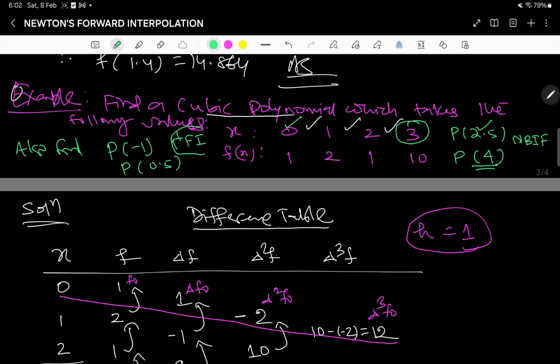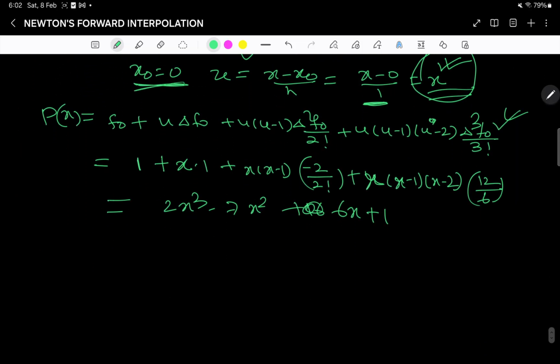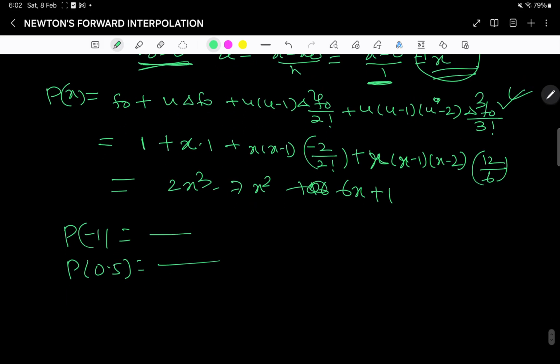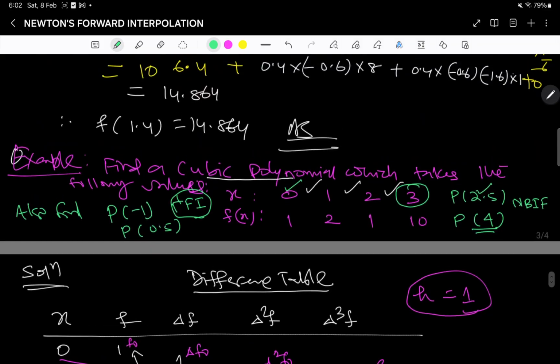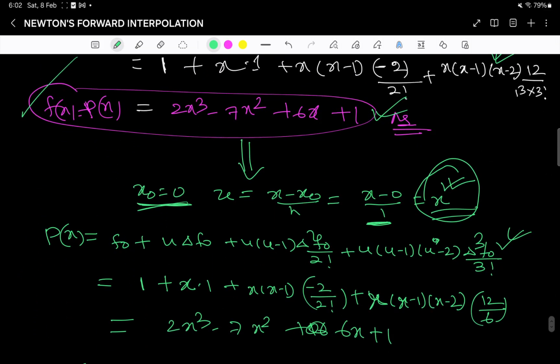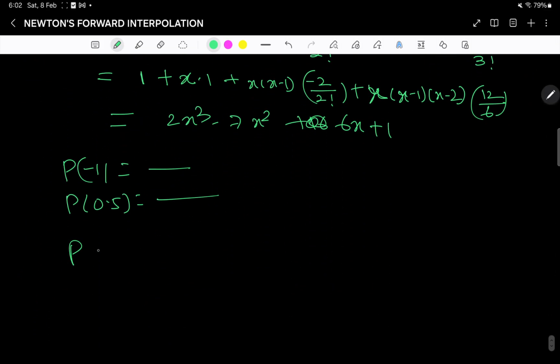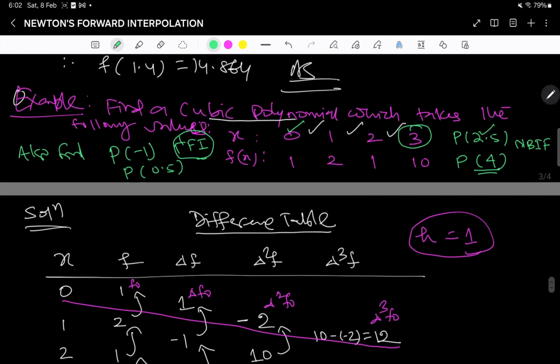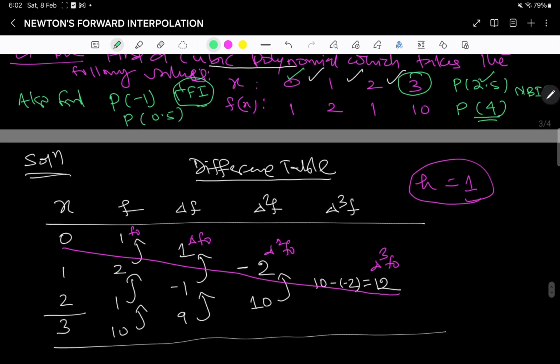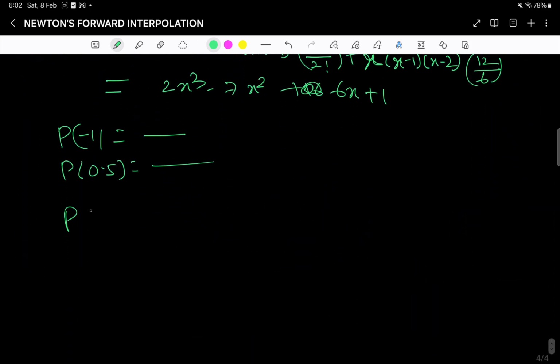Okay, but in polynomial interpolation, if we directly substitute here, then there will be no harm. If I directly substitute here, what is p of minus 1 and what is my p of 0.5, and if I find here p of, suppose, 2.4 or 2.5, or p of 4, we can directly substitute here.